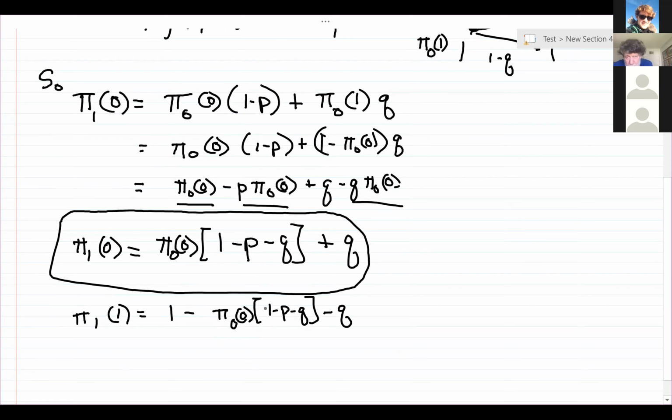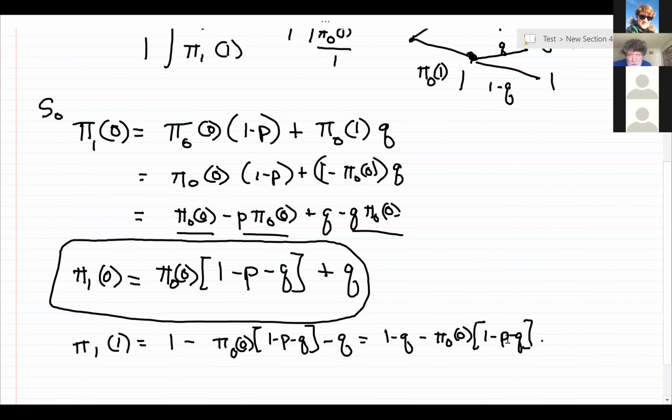Or if you prefer, you could write it as 1 minus Q minus P over 1 minus P minus Q times pi 0,0. So that was part of the homework I asked you to do. And then I think I asked you to do the next step for pi 2, right? So why don't we do that?